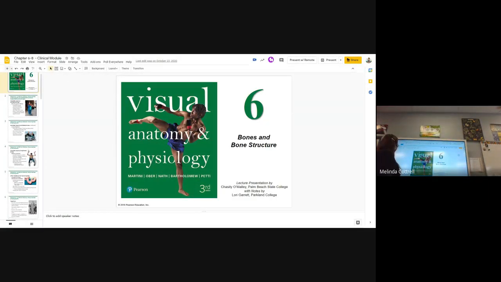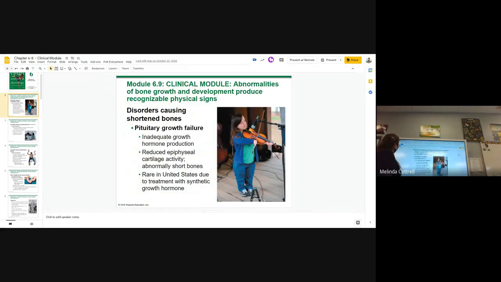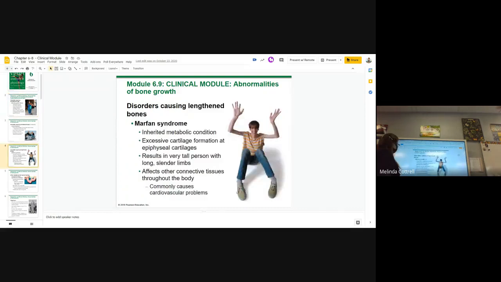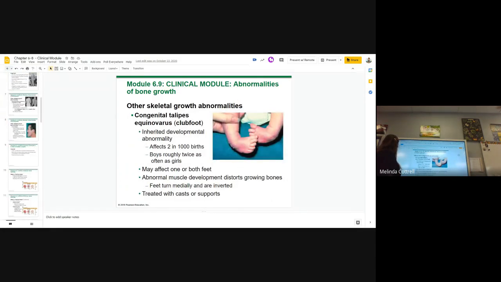And here you can see achondroplasia and Marfan syndrome. You can also see other degenerative diseases.